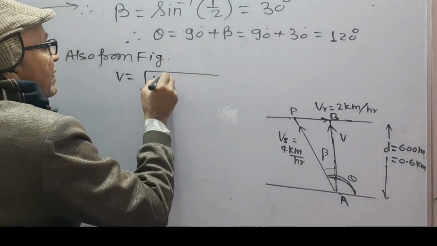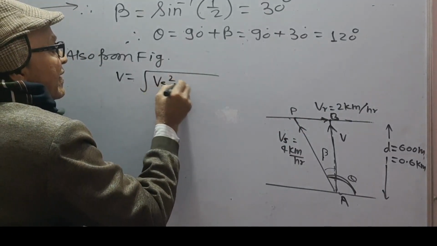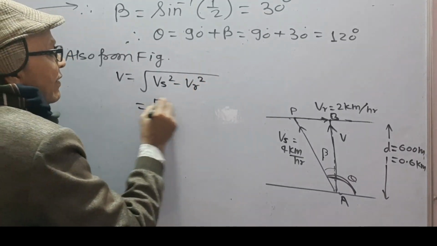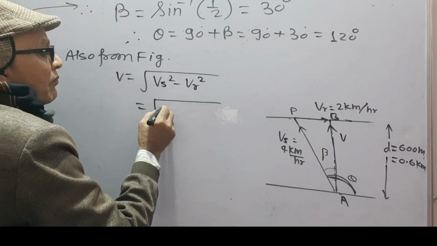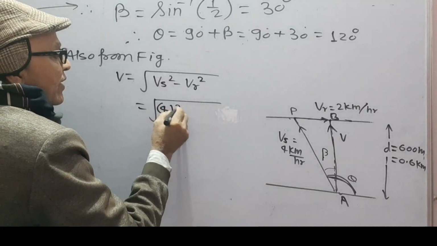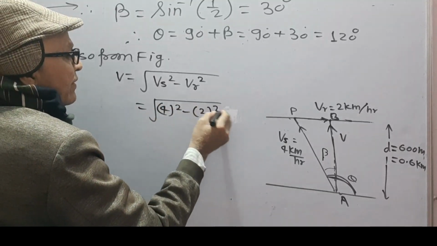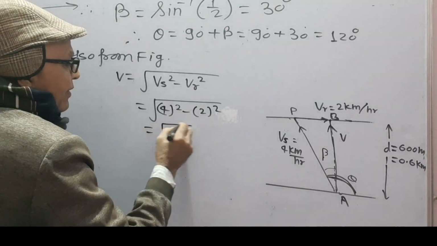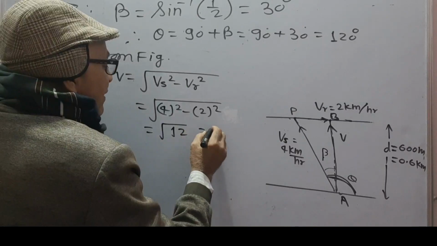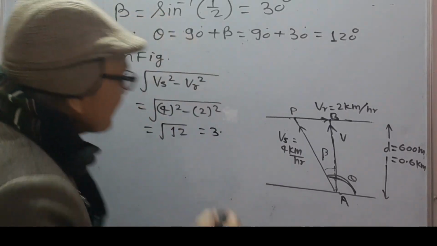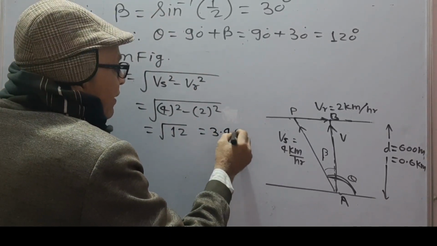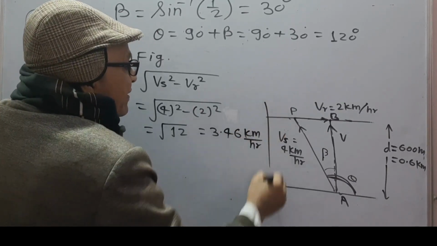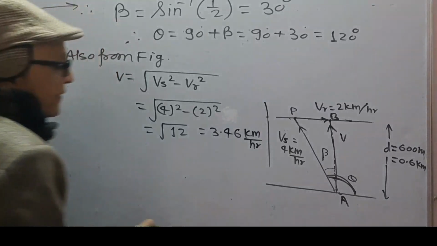So v swimmer square minus v river square, 4 square minus 2 square, which gives 16 minus 4 means root 12, which is 3.46 kilometer per hour, which is resultant velocity.